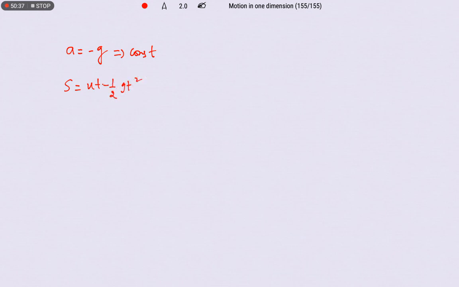Then v is directly proportional to t. These are the graphs. First I am plotting the graph for s and t. So the negative sign we can see. If it is negative sign, then the graph we are going to get is like this until its velocity becomes 0. Right, this is for a vertically projected upwards body.